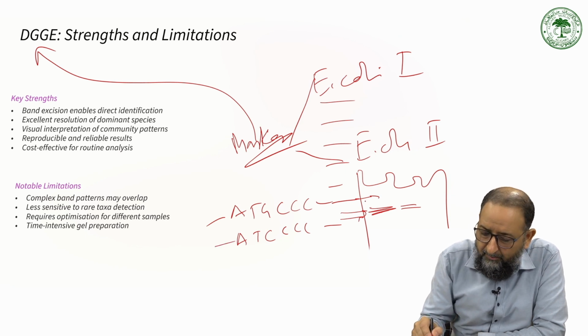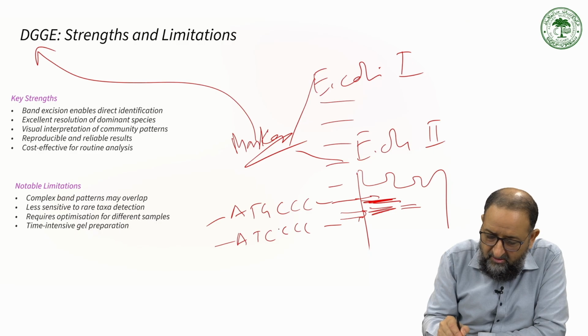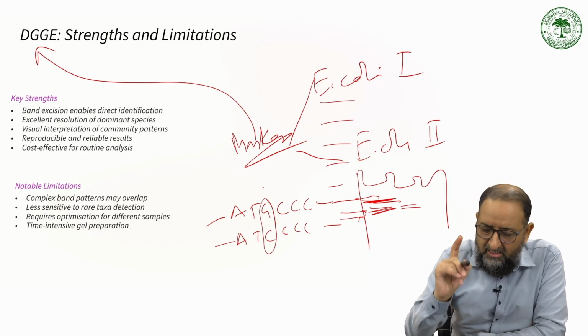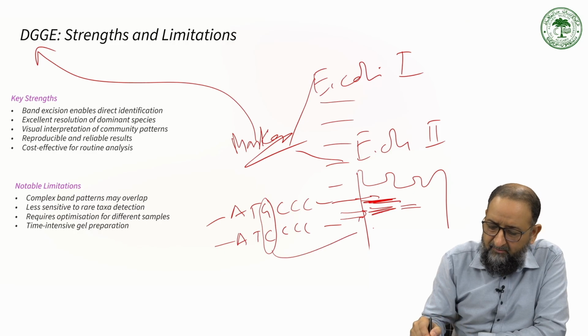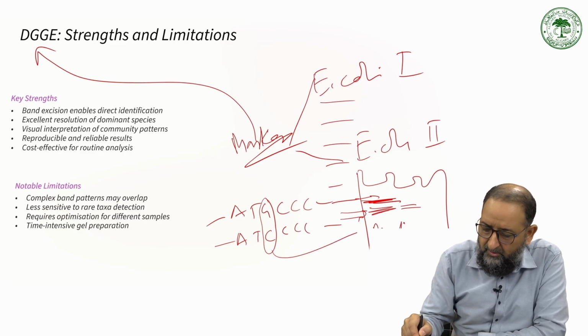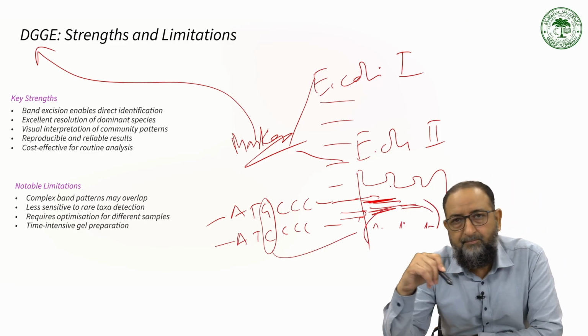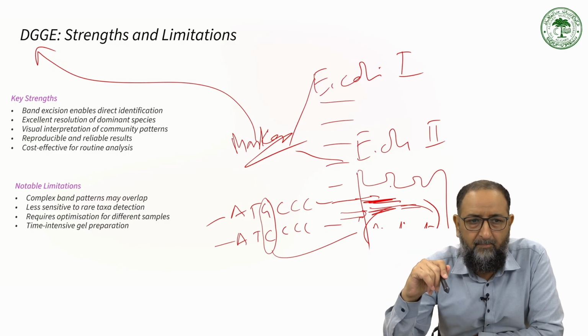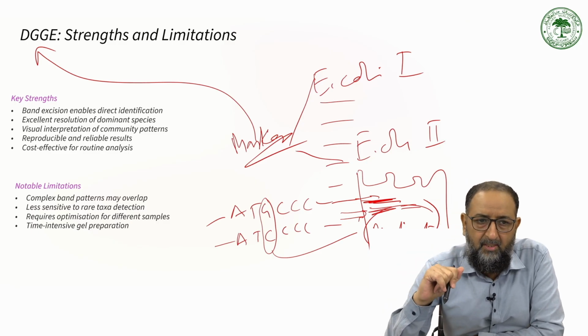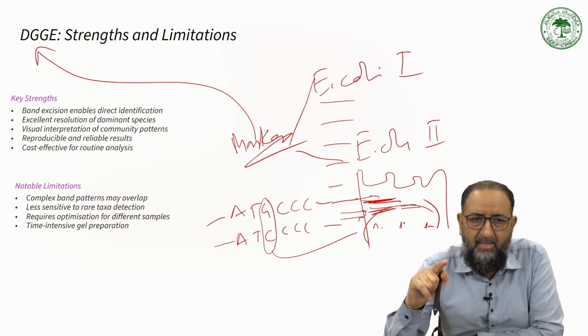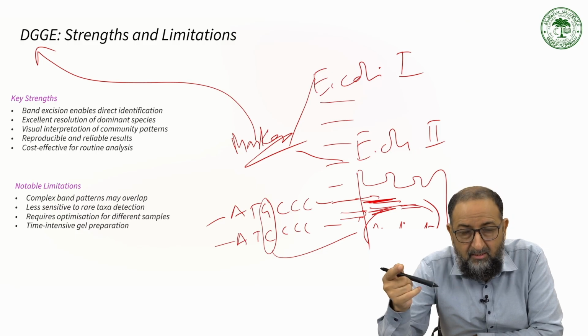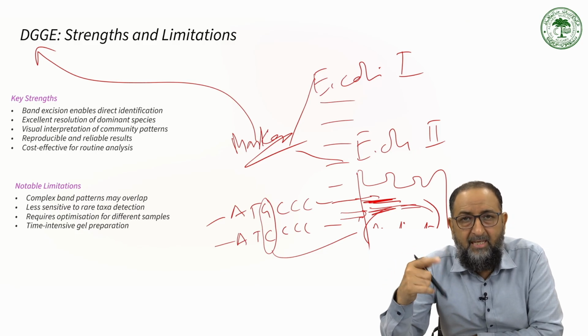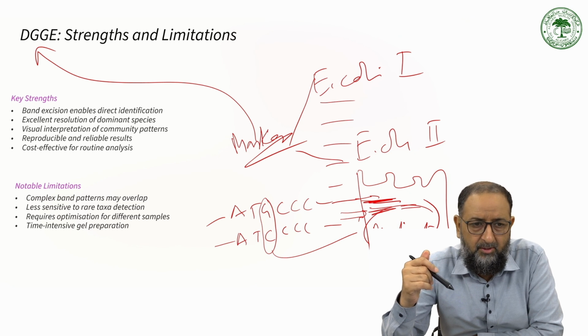They should come on the same pattern, same size, but the sequences here are different. From a single base difference, you find variation, or we call it a mutant. This is the limitation. So complex band patterns may overlap because the mutations leave the size of the sequences intact.